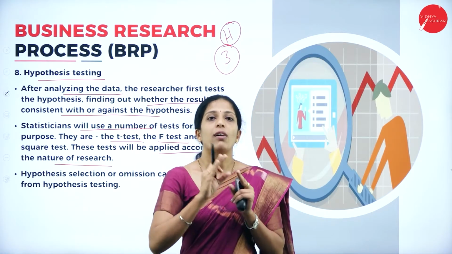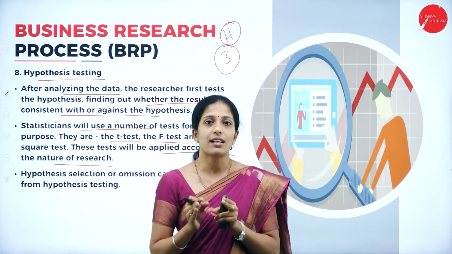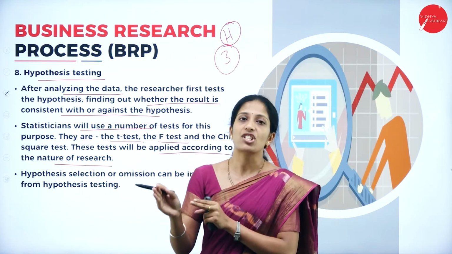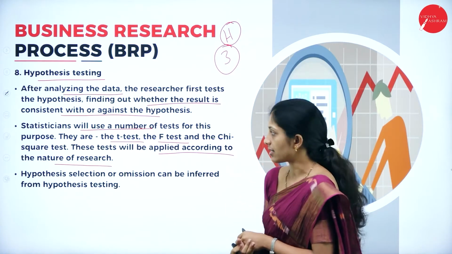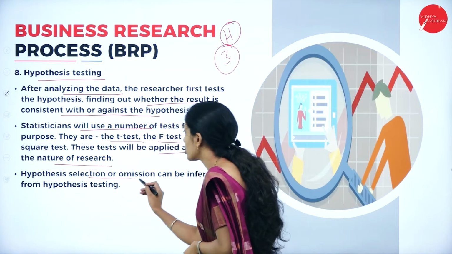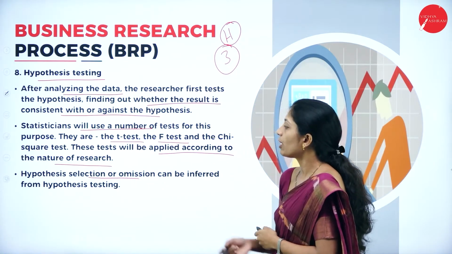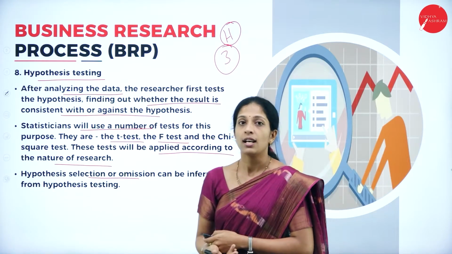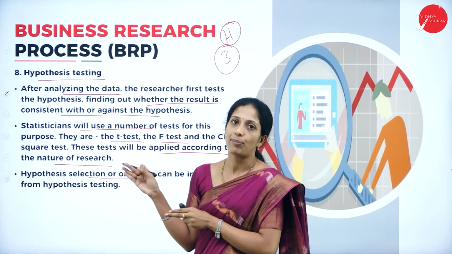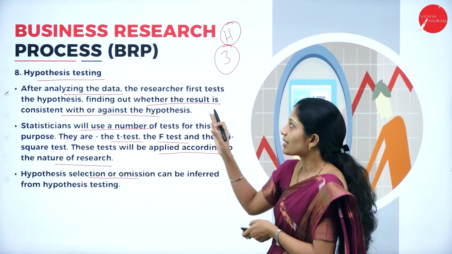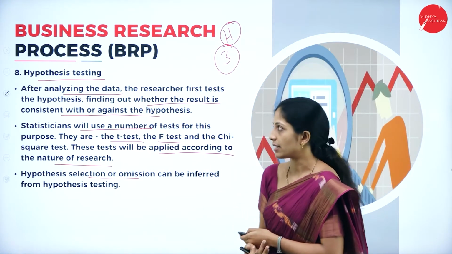He will apply the statistical tools to see whether the hypothesis matches the exact result I got at the end of research. Hypothesis selection or omission can be inferred from hypothesis testing. Suppose anything is missed out, that can be identified in hypothesis testing. So, this is about hypothesis testing.